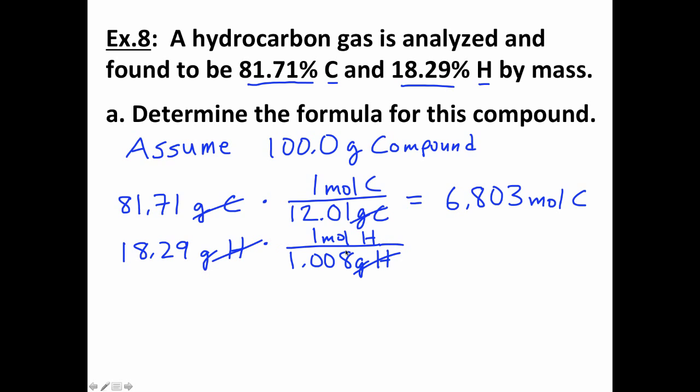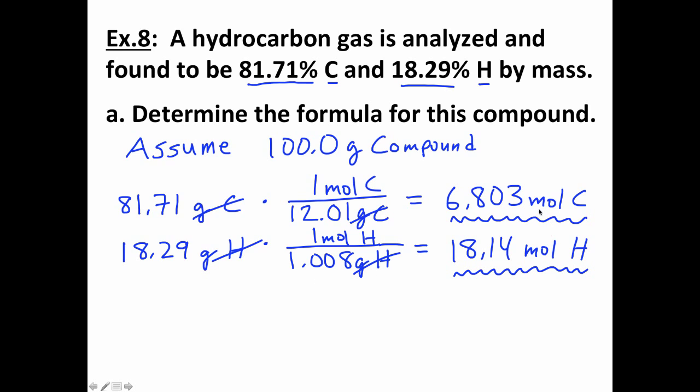That converts grams to moles, and we get about 18.14 moles of hydrogen.